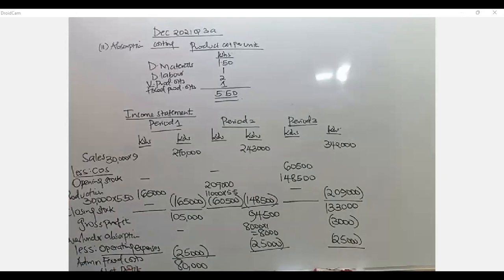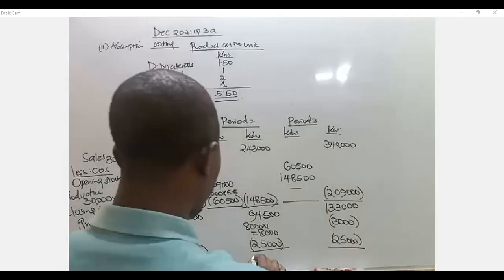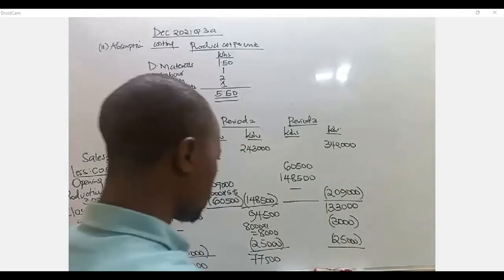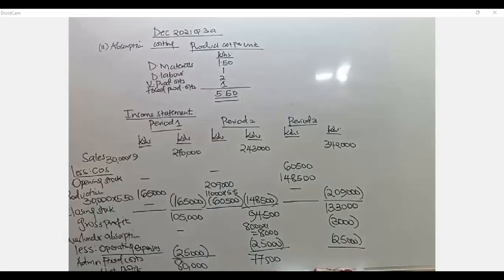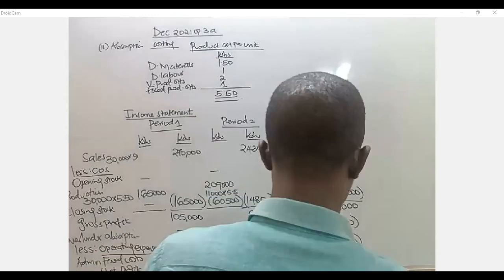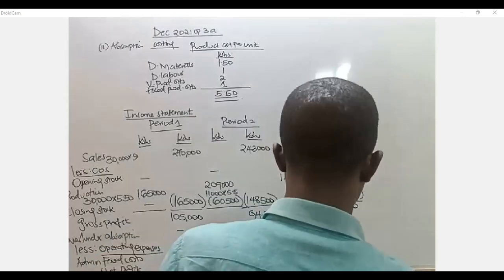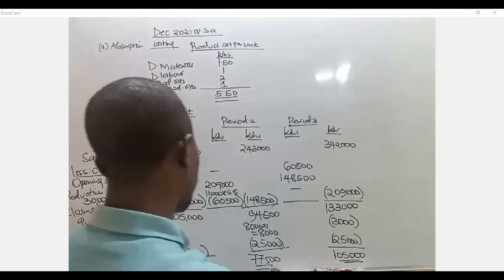The second one will be 94,500 plus 8,000 minus 25,000, getting 77,500. Then the last one, we're being told, is 133,000 minus 3,000 minus 25,000, getting 105,000.